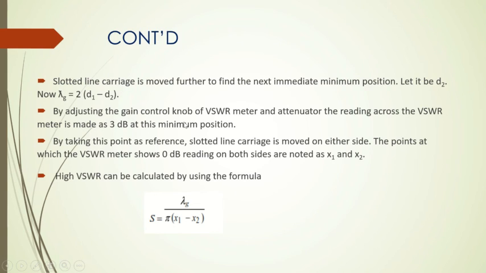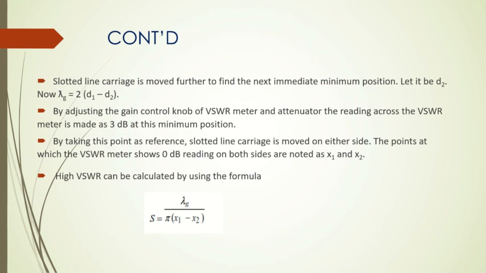And then by adjusting the control knob of the VSWR meter and the attenuator, the reading across the VSWR meter is adjusted to 3 decibels at this minimum position. By taking this point as reference, the slotted line carriage is moved on either side.